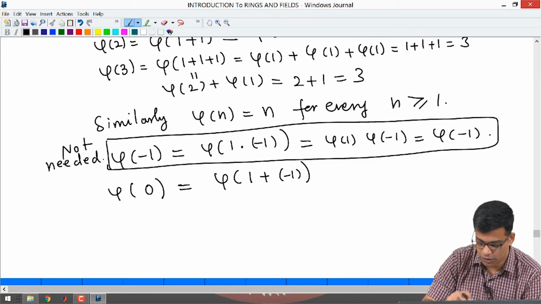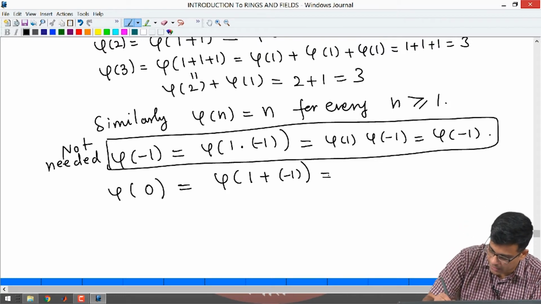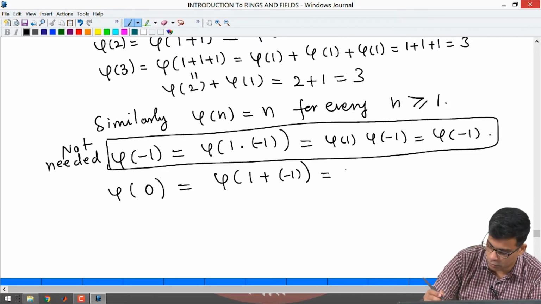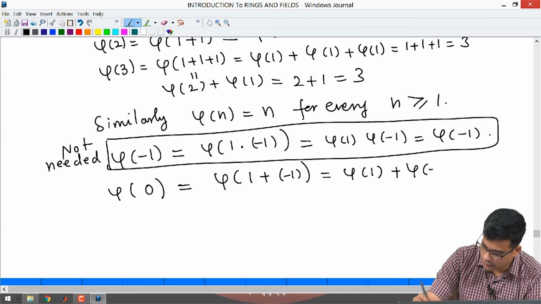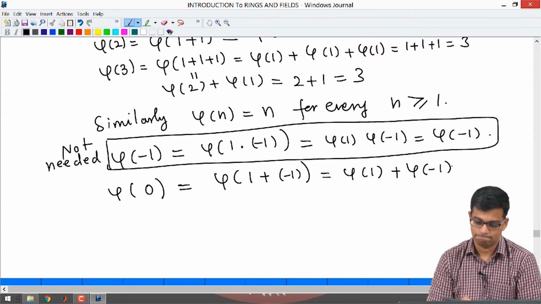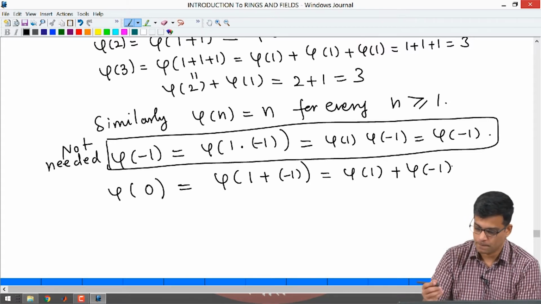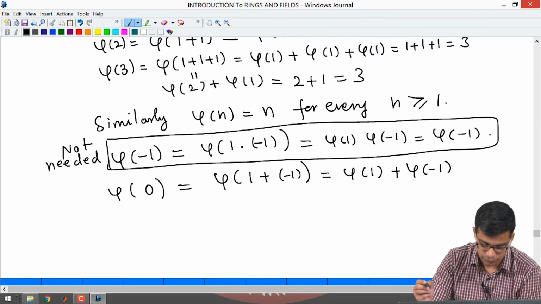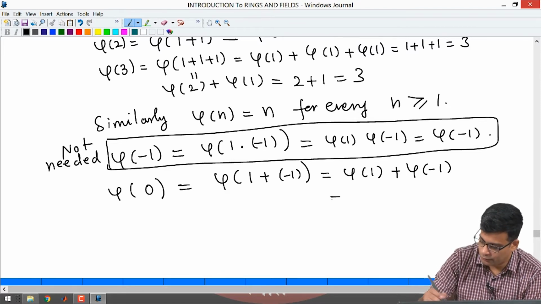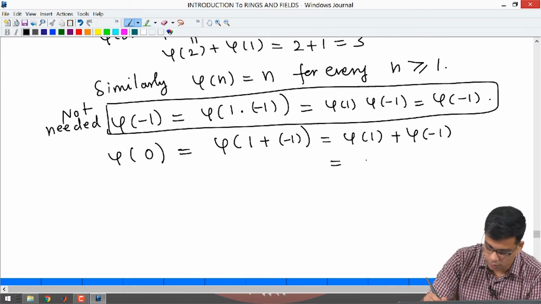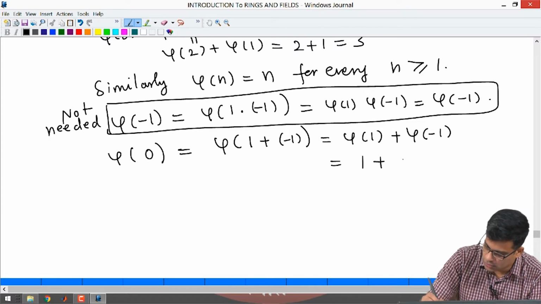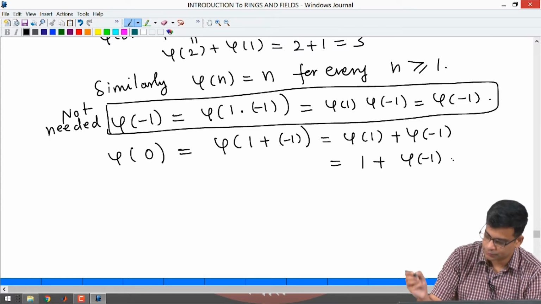So, phi of 0 is phi of 1 plus minus 1, but again by the property of ring homomorphism, this is the same as phi of 1 plus phi of minus 1. And phi of 1 is 1. So, this is 1 plus phi of minus 1.